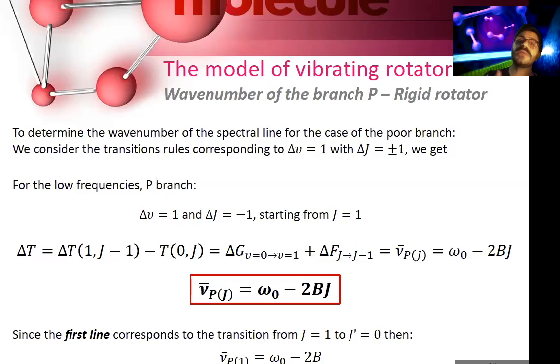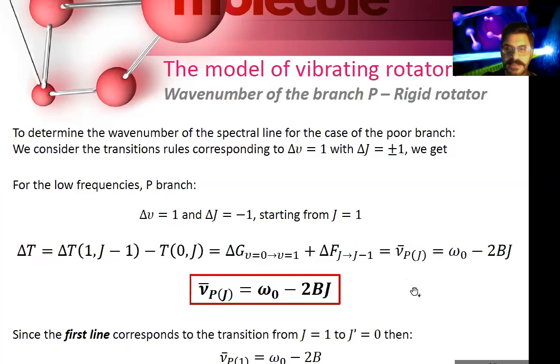So if I look now into delta T, which is the spectral number of the whole thing, which is the sum of both, it's going to be delta G from V equals 0 to V equal 1, plus delta F from J to J-1, with the condition that J starts at 1. So delta G from V0 to V1 equals ω0, that's what we have seen in the slides before, and this one gives us -2BJ.